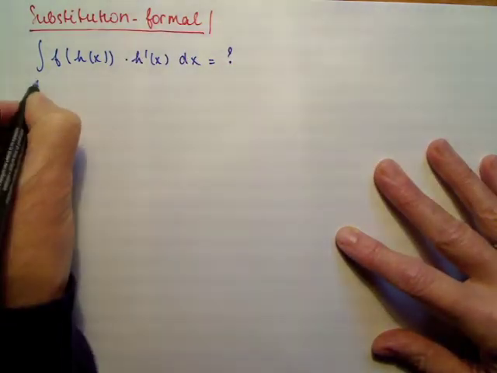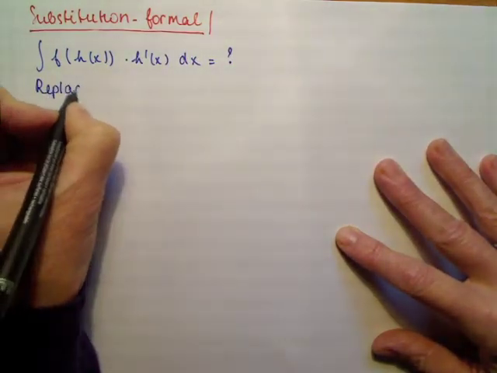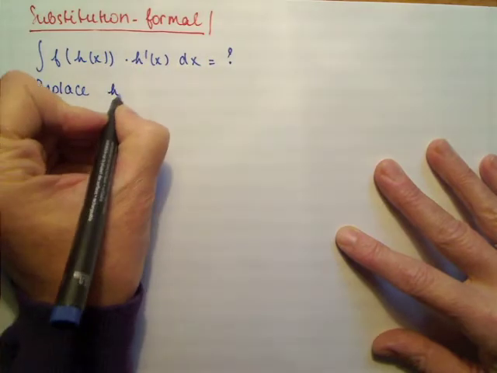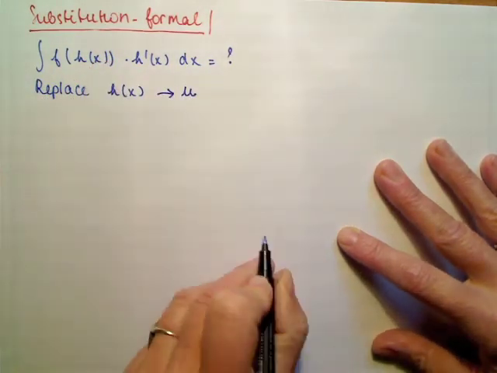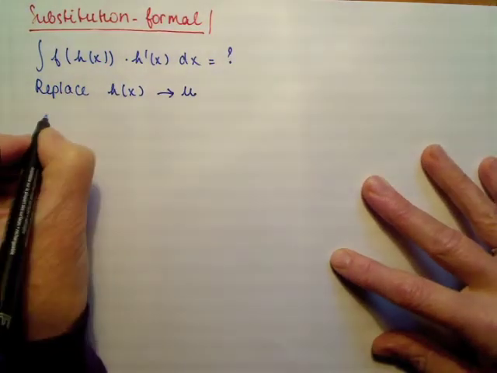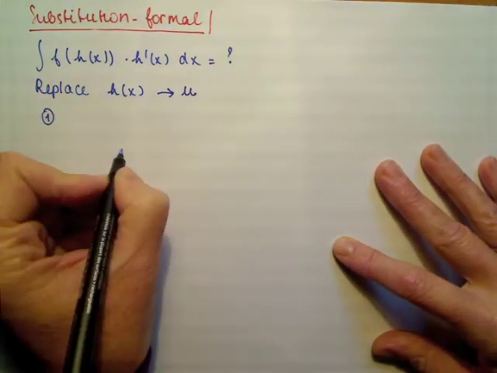And the idea is to replace this function h of x by a new variable u. So what is the first step that you have to take?